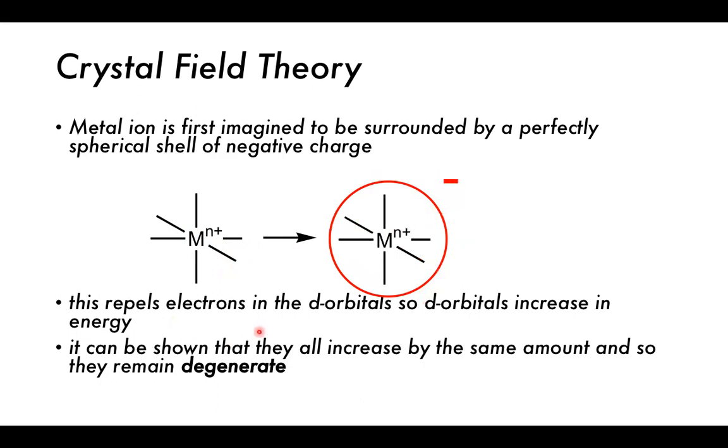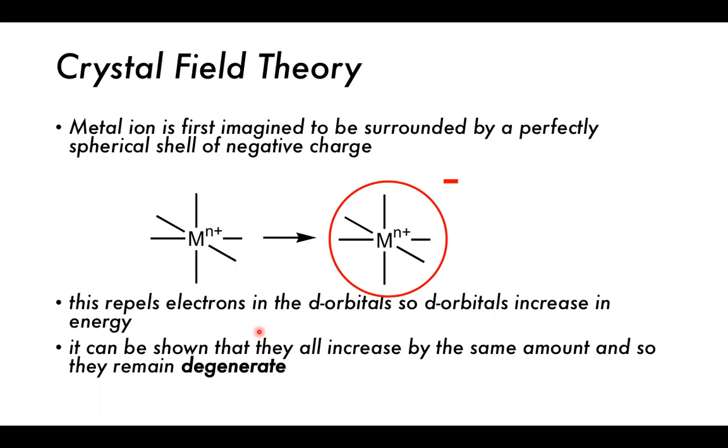And so this repels the electrons in the d orbitals, which results in the d orbitals increasing in energy. So from the totally degenerate case of the gas phase metal ion, we now see the effect of the ligands, which destabilizes the metal in general. And so all of those orbitals will increase in energy.